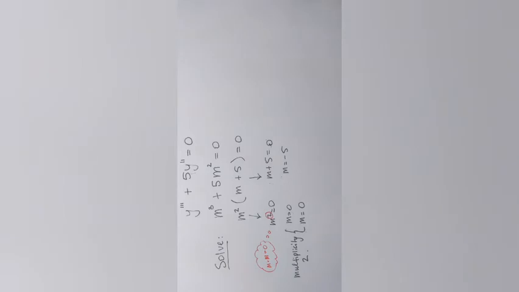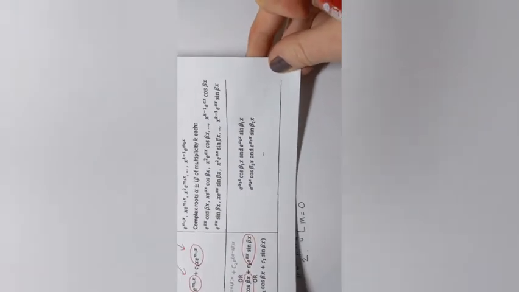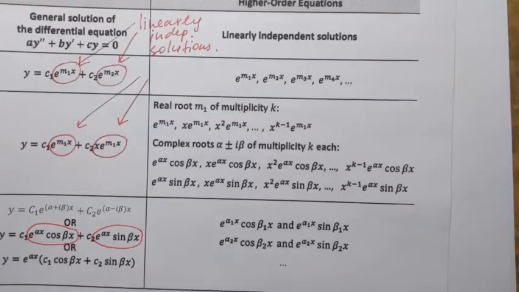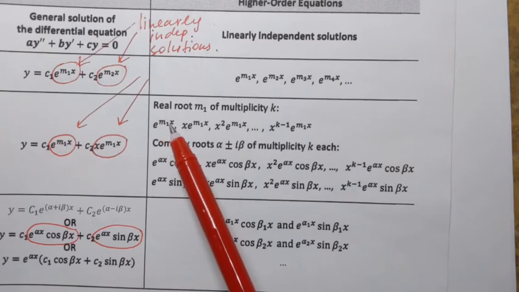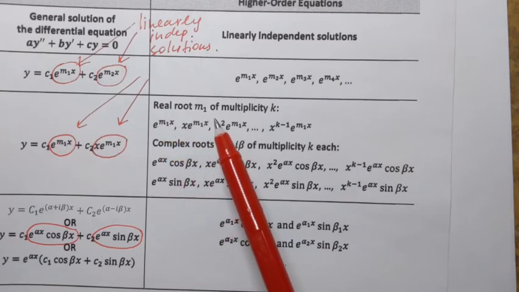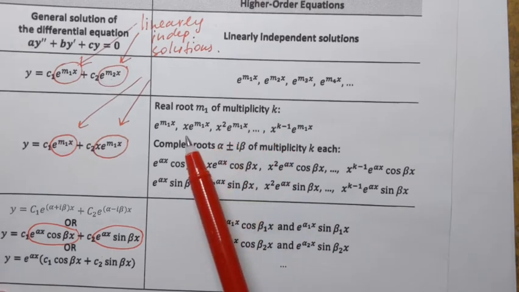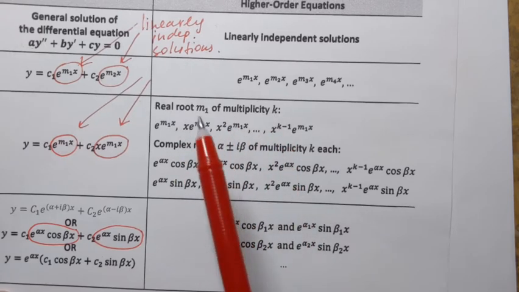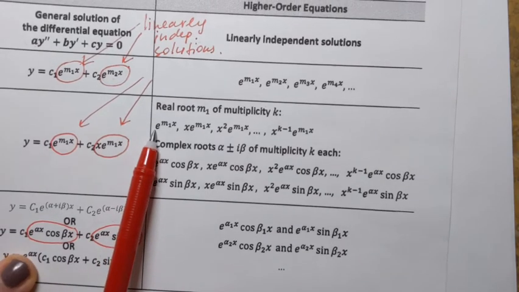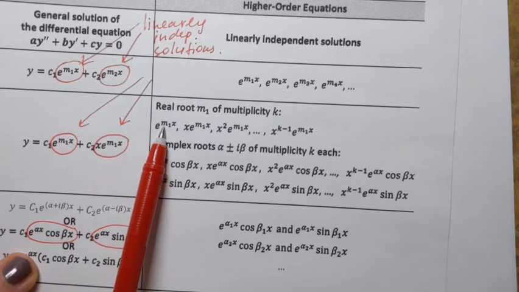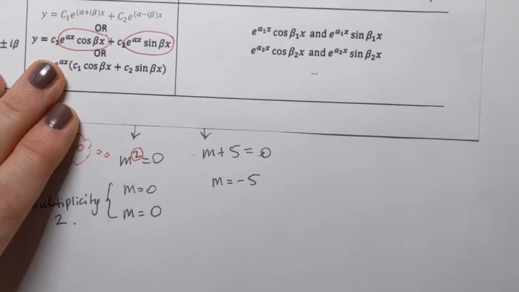I'm going to bring in the table that we saw in the introduction video, and it will help us to figure out how to put together linearly independent solutions for the differential equation. So according to this table, when we have a real root that has certain multiplicity different from 1, so when it repeats, we obtain linearly independent solutions of this form. If it's multiplicity 2, the first linearly independent solution will be e to the power of that root times x.